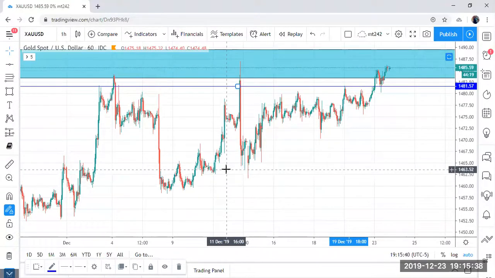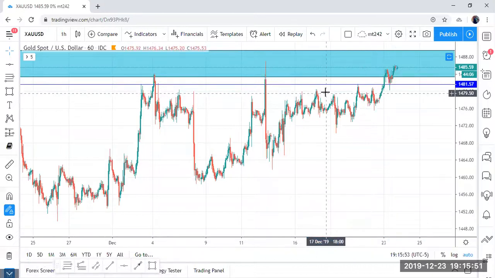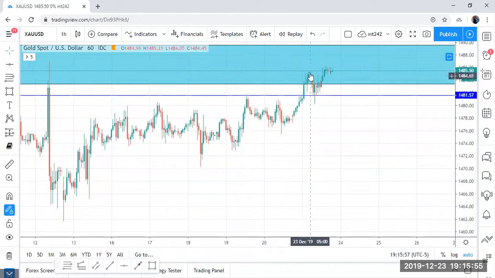That's how I look at it. Because I'm undecided on the 4 hour, I'm undecided on any time frame lower than that. I need more candles to print to show me what the market is going to do. So I'm not trying to force a setup, but I see resistance here turn to support.